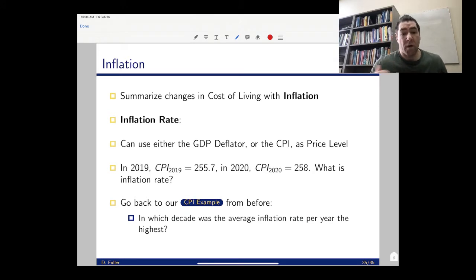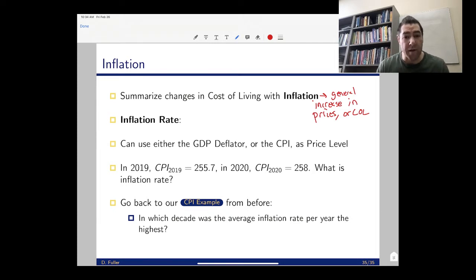So the way that we summarize our changes in the cost of living is with a term we call inflation. So inflation is just the general increase in prices or cost of living. So over time, things get more expensive. We call that phenomenon inflation.